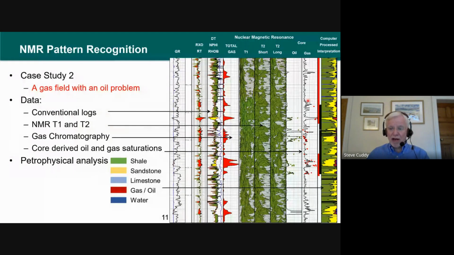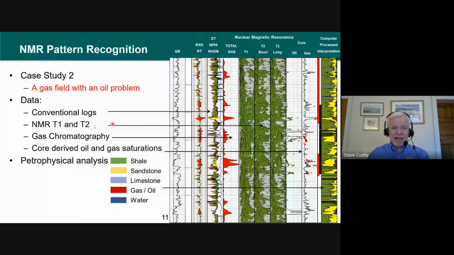We've got the core analysis of oil saturations and gas saturations. We've got a CPI, which shows you how complex the reservoir is, showing the shales in green, the sandstones, and the hydrocarbons, but it's also complicated by calcite stringers, limestones in blue, and also coal beds in black.